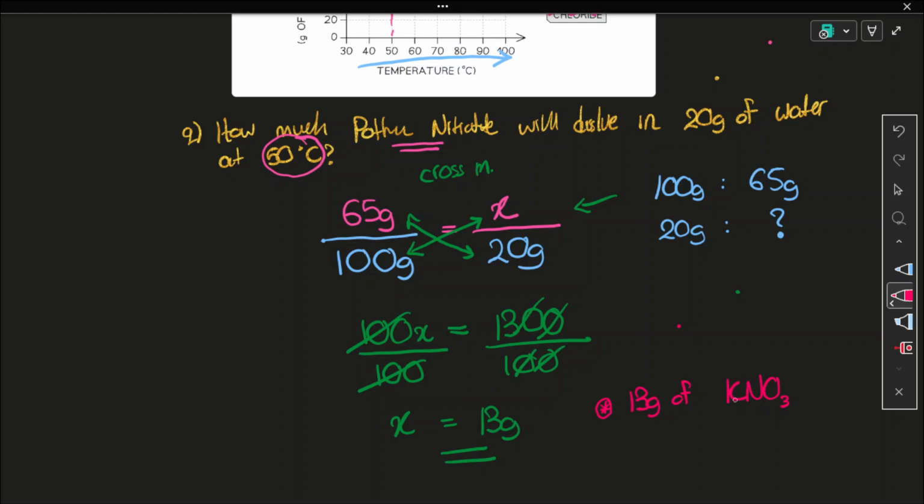If you can't wrap your head around the grams of water, always think milliliters, all right? So 13 grams of potassium nitrate will dissolve in 20 grams of water at 50 degrees Celsius.